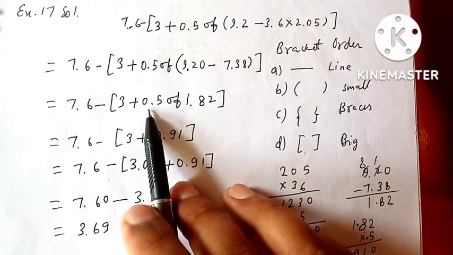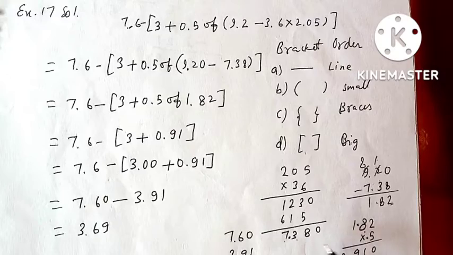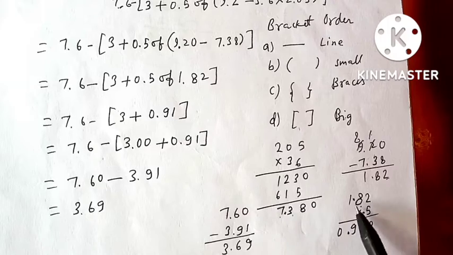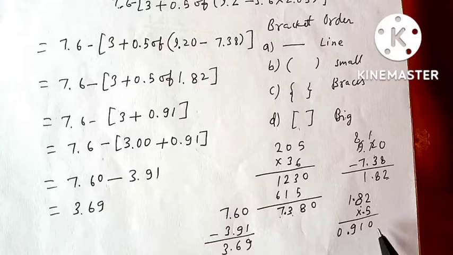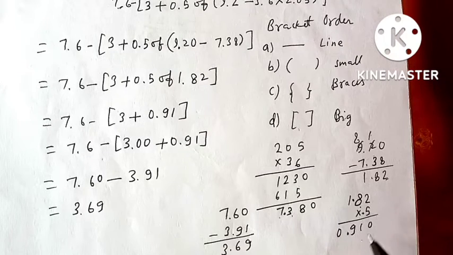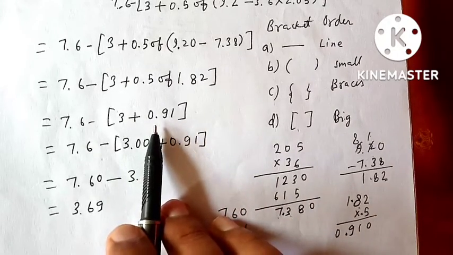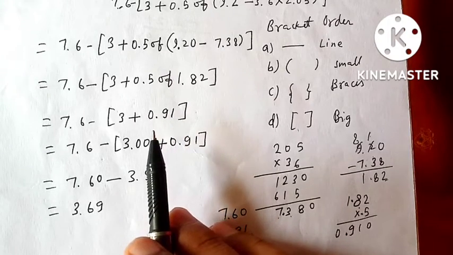Now we have to multiply 0.5 with 1.82. When we multiply as a whole number, we have 910, but there are in total 3 decimal places, so we must put decimal before 9. Then we have the product 0.910. So after non-zero number in decimal, 0 may be removed as per requirement.